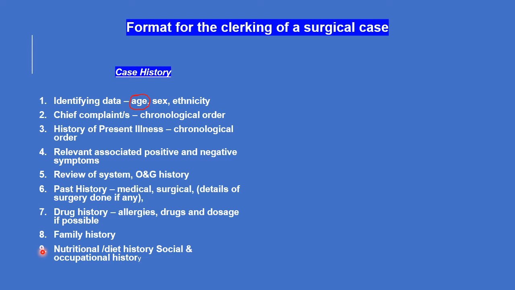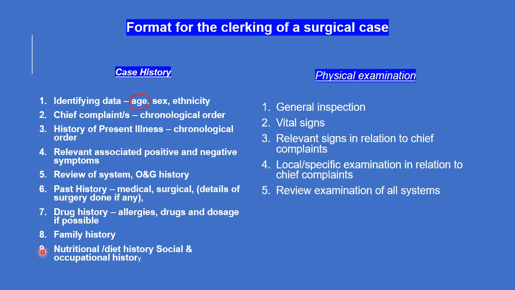Having got this case history, then we go into the physical examination, which involves general inspection, looking for pallor, nutritional status, any jaundice, anemia, and then you look for the vital signs, blood pressure and pulse rate. Then you look for relevant signs in relation to the chief complaint.